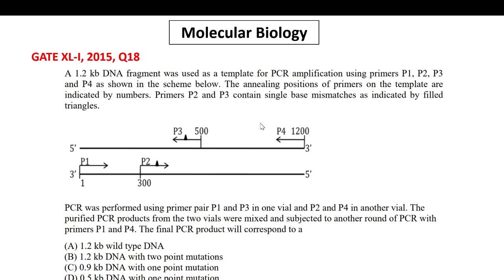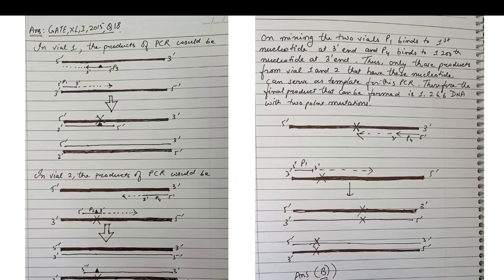For this, you need to see what is happening in each of the PCRs asked in the question. That's why I have drawn for your ease what is happening in each of these PCR cycles.